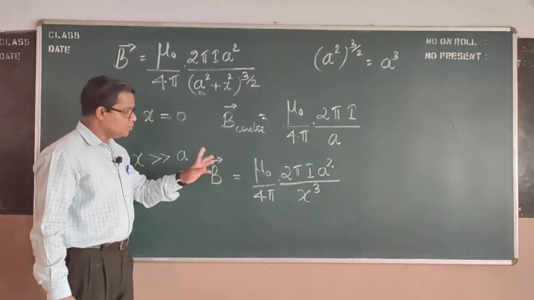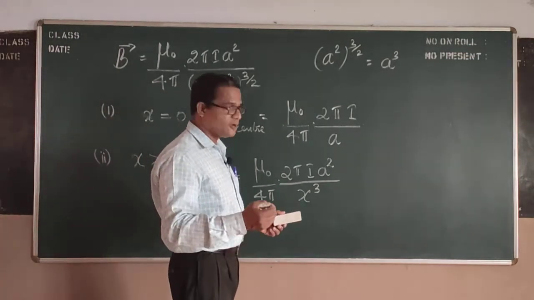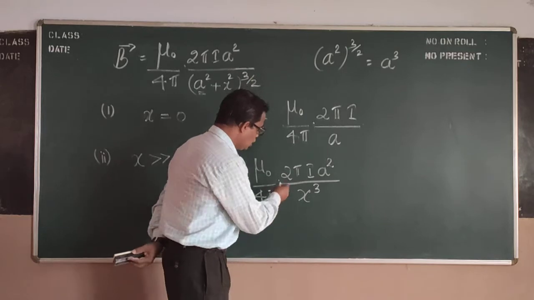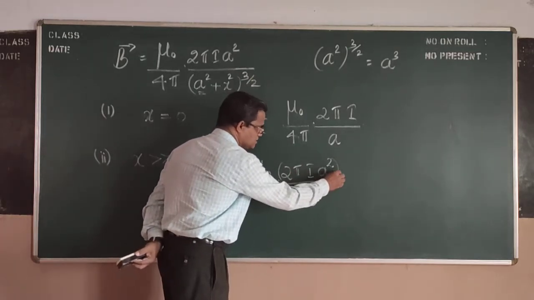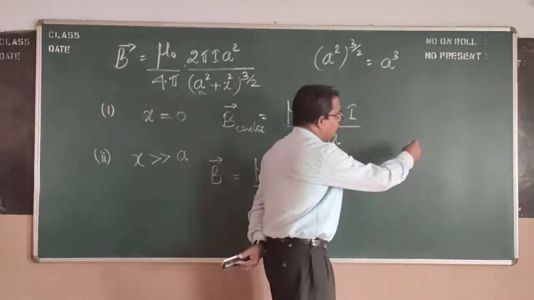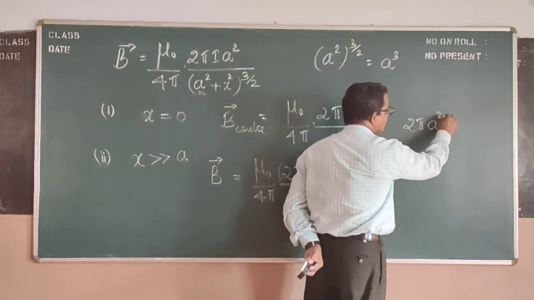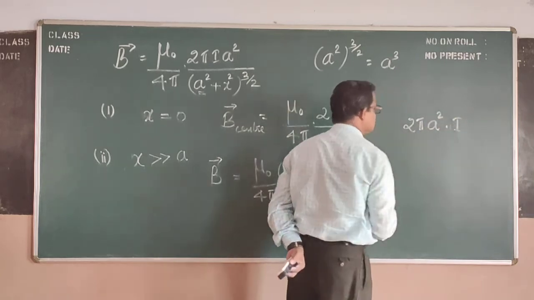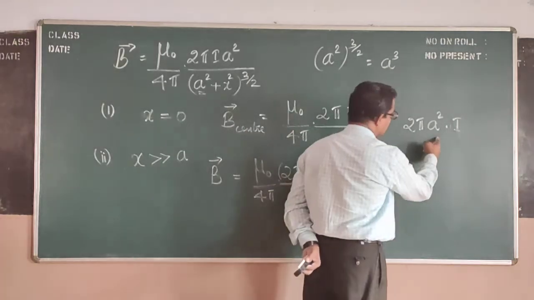Okay. Now from this equation we will move on to another particular formula, 2 pi I a square. This one together, when I take 2 pi a square into I, I can write it like this.